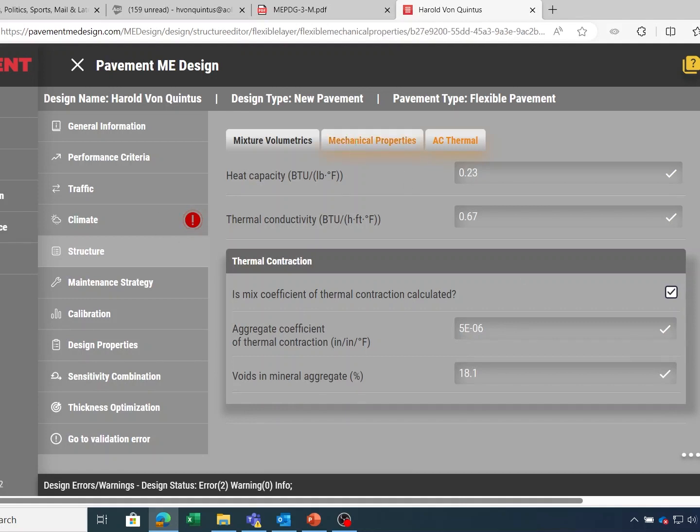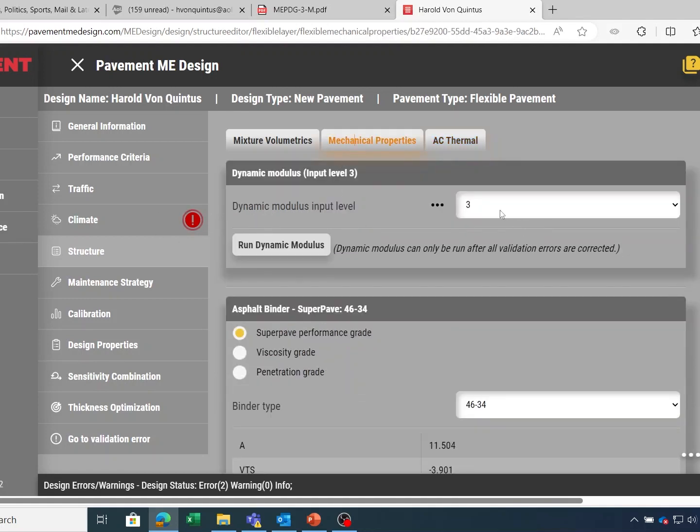Okay, so now going to the tab on mechanical properties, we're going to go through these starting with input level 3 first, and then we'll cover input level 2 and then input level 1. Input level 3 is where dynamic modulus is going to be calculated by the program using the Witczak dynamic modulus regression equation.